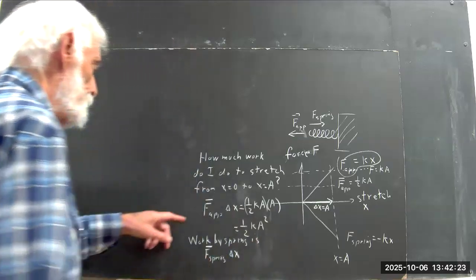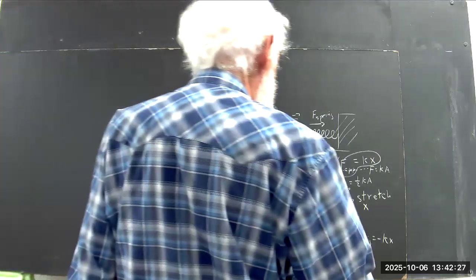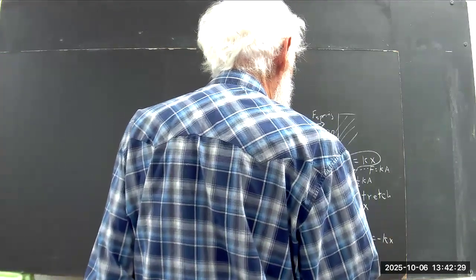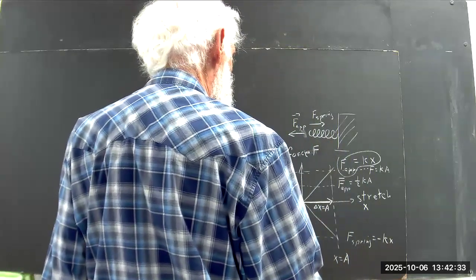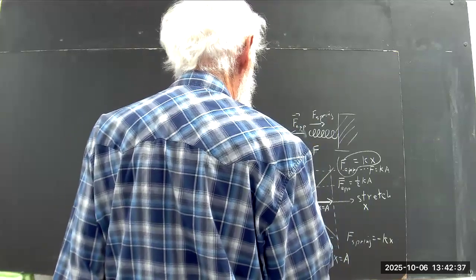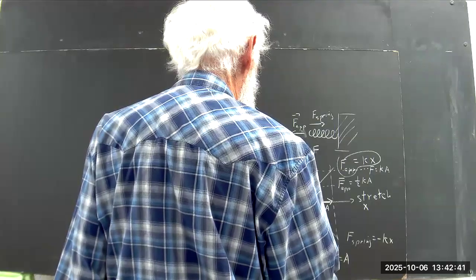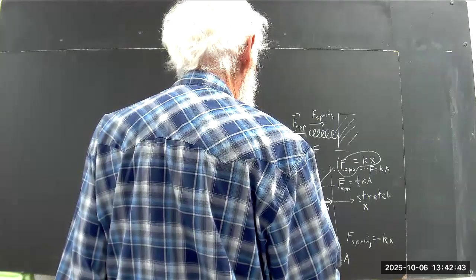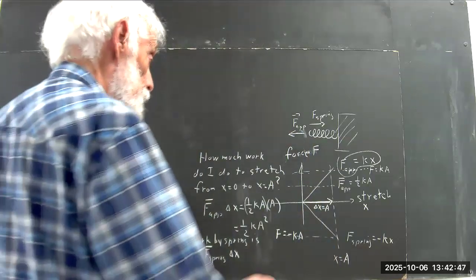Okay, so the work done by the spring is the average of F spring. Well, F spring is negative kx. This line here is F equals negative kA.